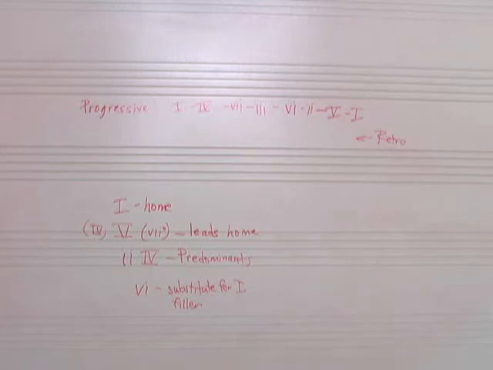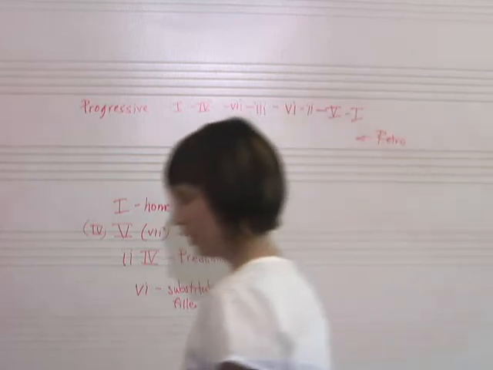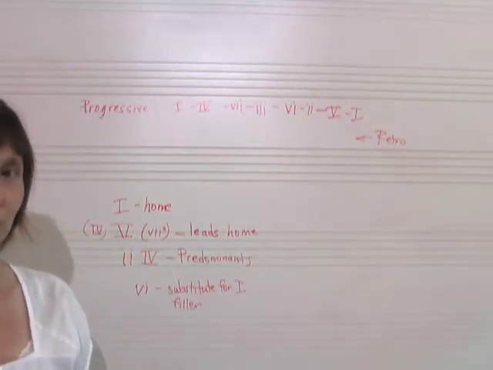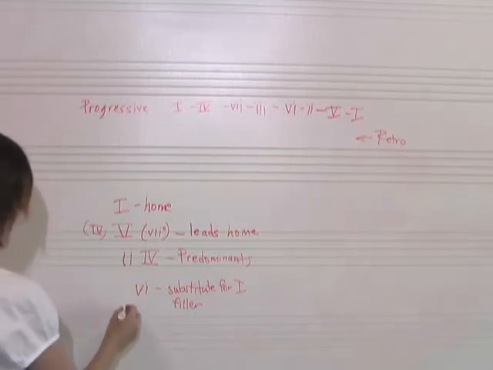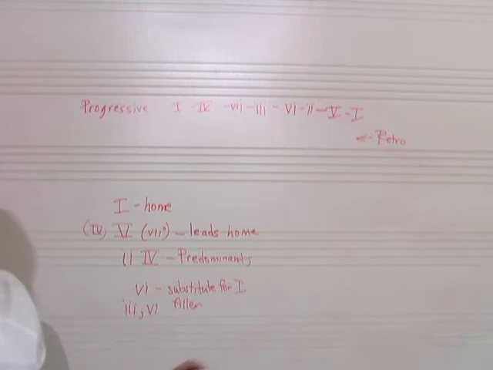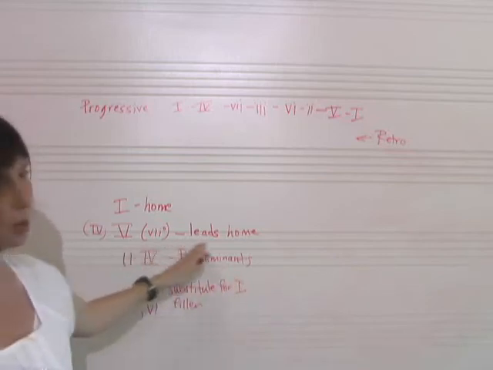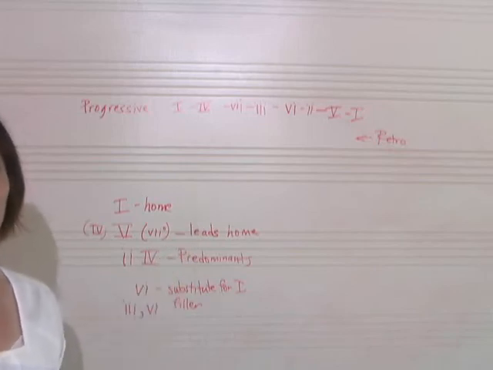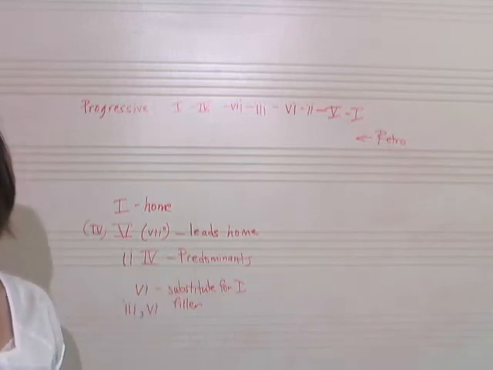Here's my 6th chord. And the 3 chord also can serve as filler. The 7 chord, other than sometimes using it as a dominant, we really avoid it because it's a diminished chord.